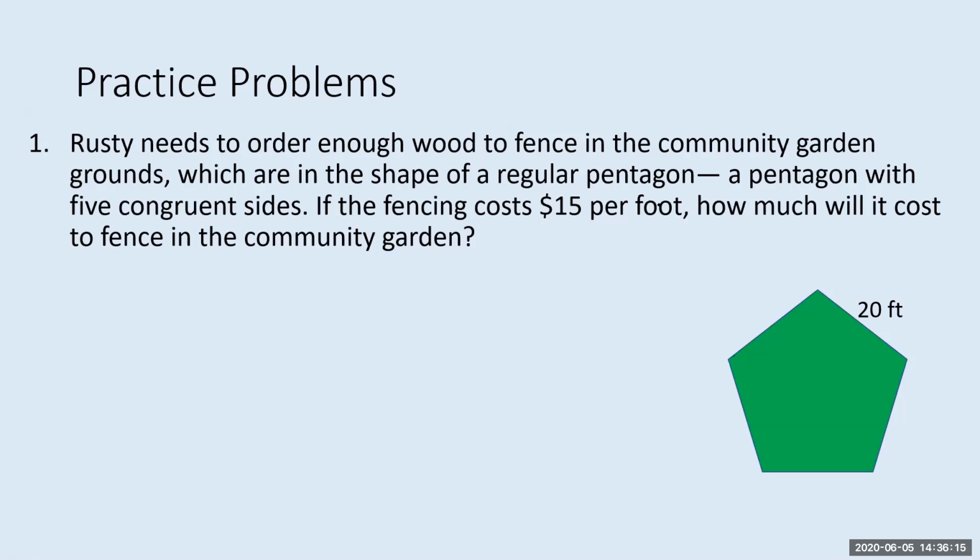Rusty needs to order enough wood to fence in the community garden grounds, which are in the shape of a regular pentagon, a pentagon with 5 congruent sides. If the fencing costs $15 per foot, how much will it cost to fence in the community garden? So we've got a picture here for this shape.